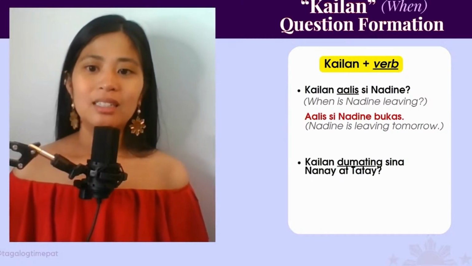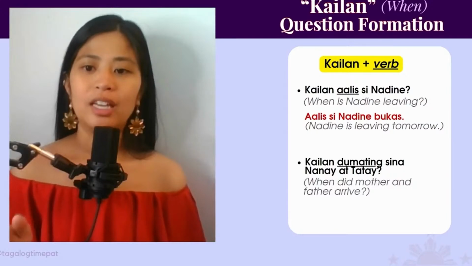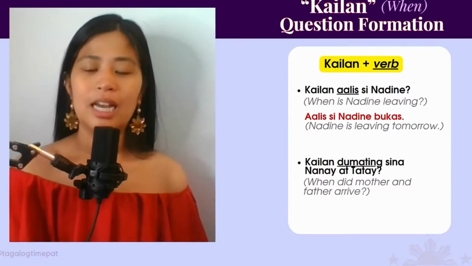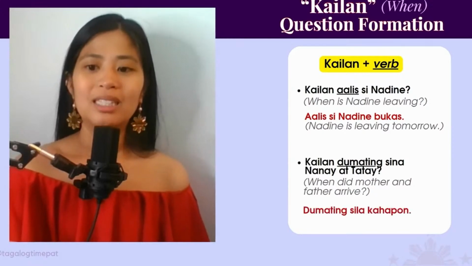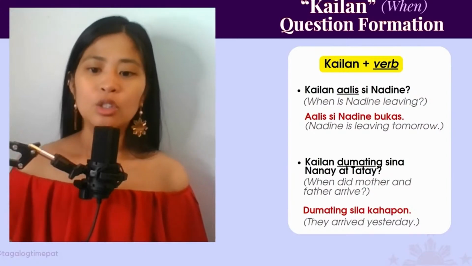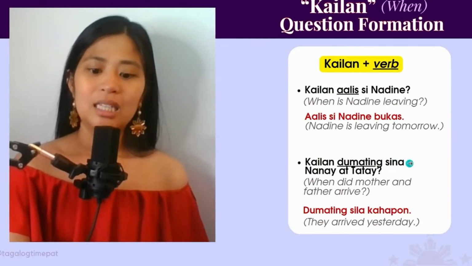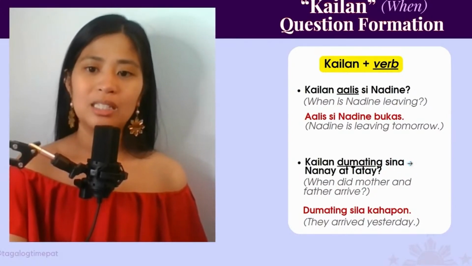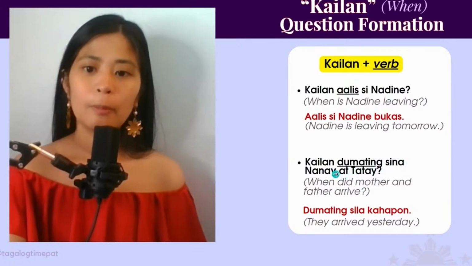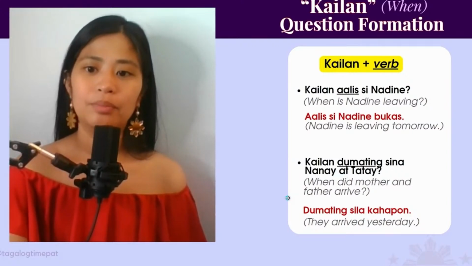Kailan dumating sina nanay at tatay? When did mother and father arrive? Kailan dumating, so kailan plus a verb, sina nanay at tatay? Dumating sila kahapon. They arrived yesterday. So here, sina is a sentence marker that's indicating mother and father, whereas sila is the pronoun that replaces them.